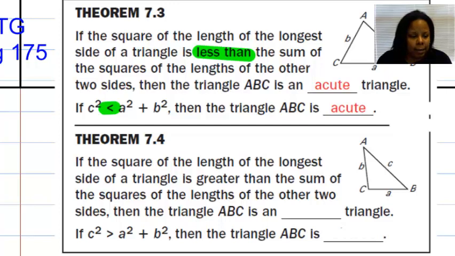And in theorem 7.4, they say if the square of the length of the longest side is greater than the sum of the squares of the lengths of the other two sides, then the triangle we know is not a right triangle, but it is also, if you said an obtuse triangle, you're absolutely correct.